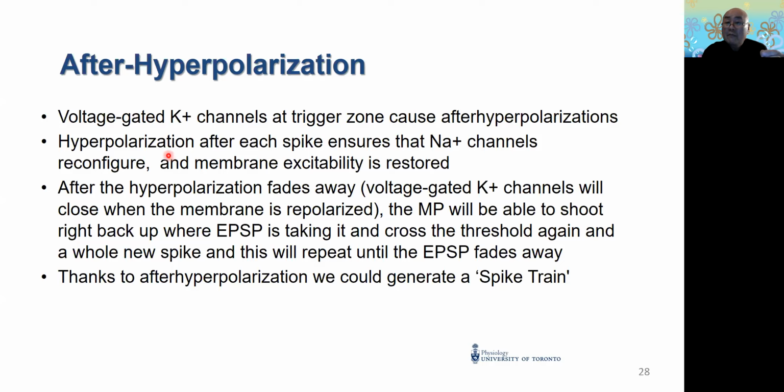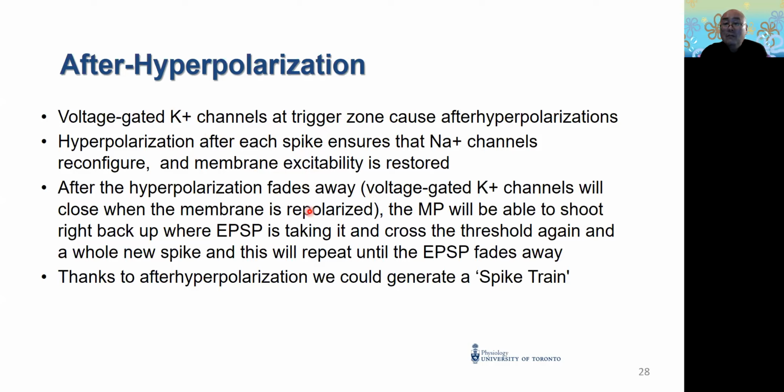So this after hyperpolarization caused by these voltage-gated potassium channels, after each of these action potentials, while the membrane is still sitting there depolarized in this state, after a large postsynaptic potential, ensures that these voltage-gated sodium channels will be reconfigured, reactivated, and therefore the membrane excitability is going to be restored.